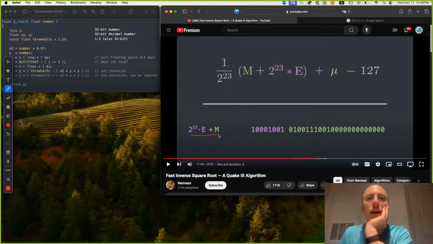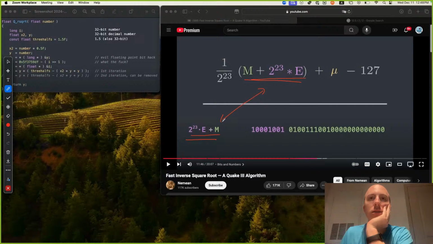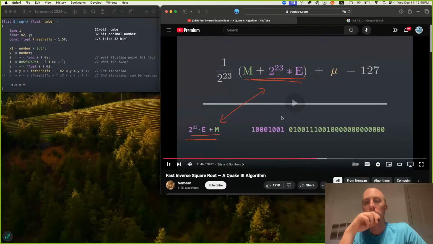He's saying that our bit representation appears right here, like these two things are the same. So let's think about what we just did. We applied the logarithm to our formula and got the bit representation, just scaled and shifted by some constants.